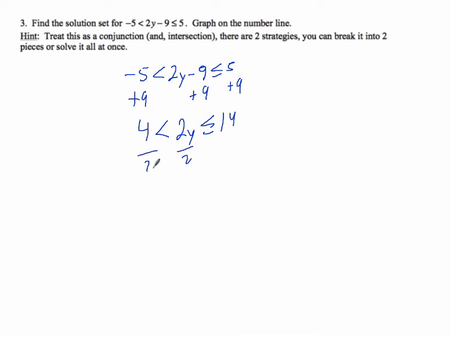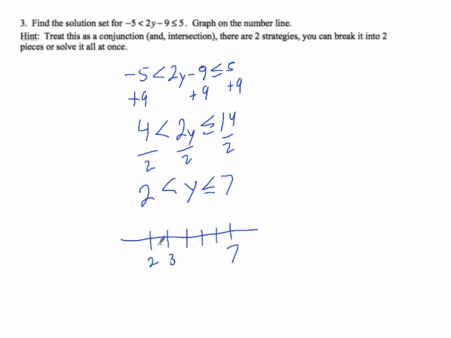Then we divide by 2, and we get 2 less than y less than or equal to 7. Okay, and then we can draw that number line 2, 3, 4, 5, 6, 7. This one's hollow, this one's solid, and then you shade in between.